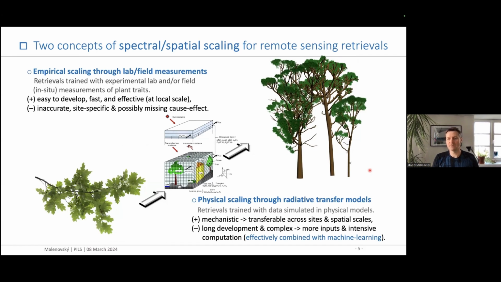And we can include these simulations in our interpretation algorithms. These physical models we call radiative transfer models because they mimic transfer of light between the sun and the object, which is canopy or leaves, and then the object and the sensor.